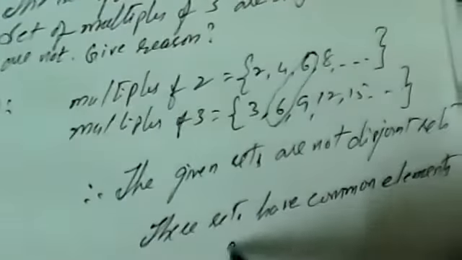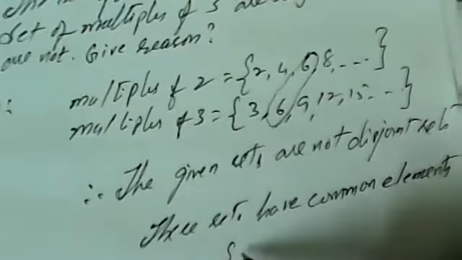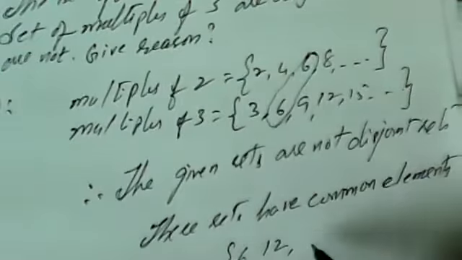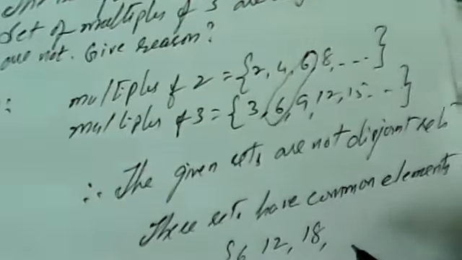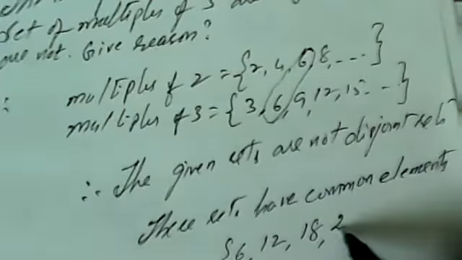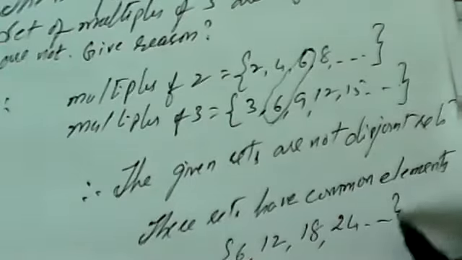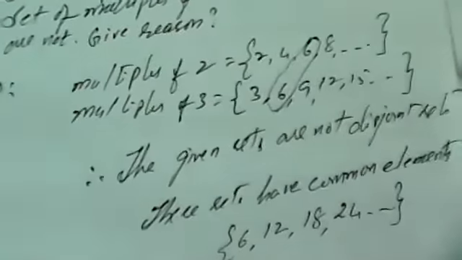What are they? Starting from 6, and next 12, 18, 24 and so on.